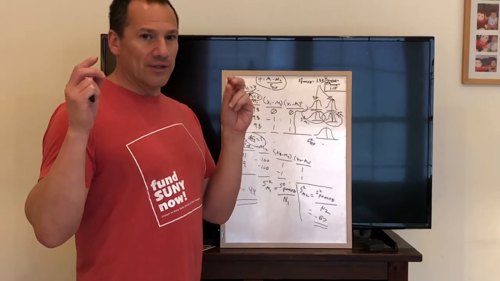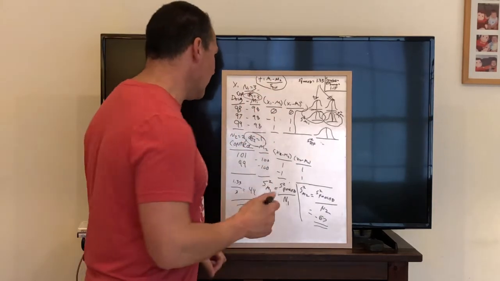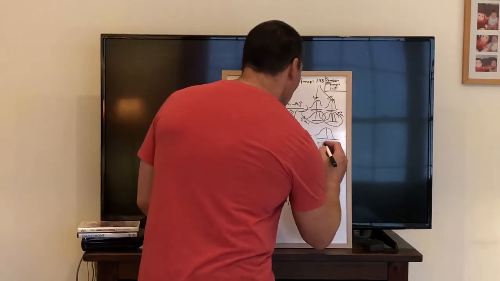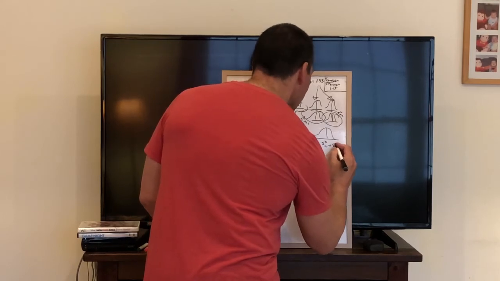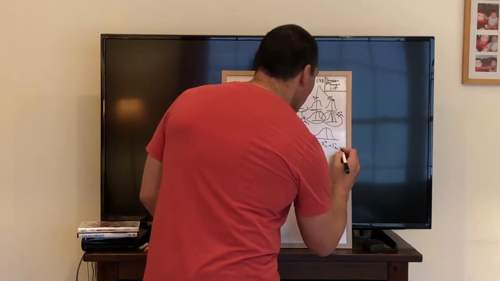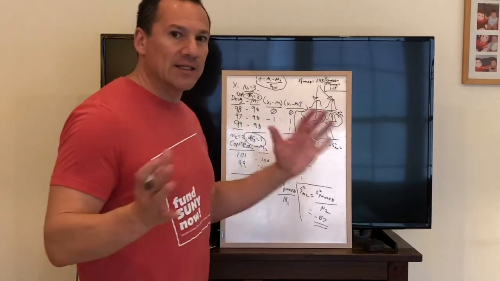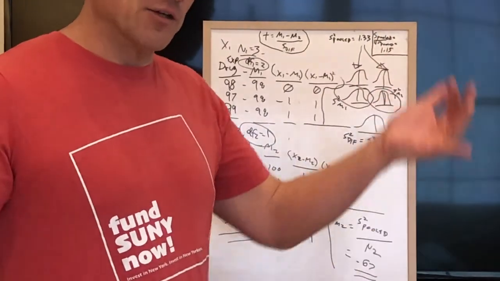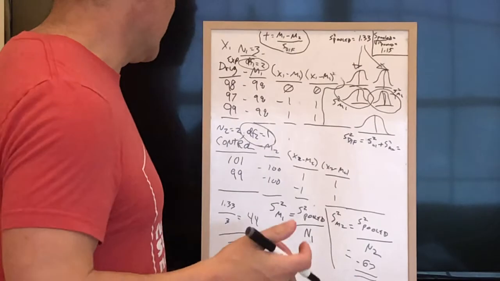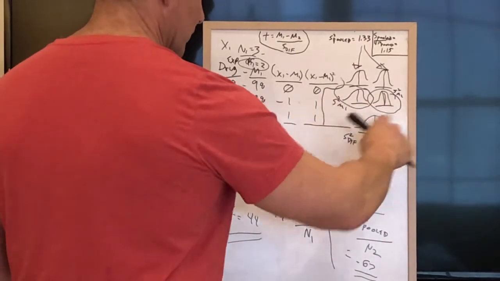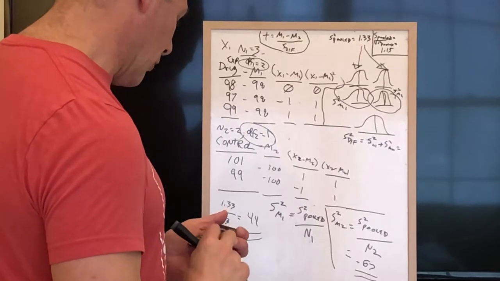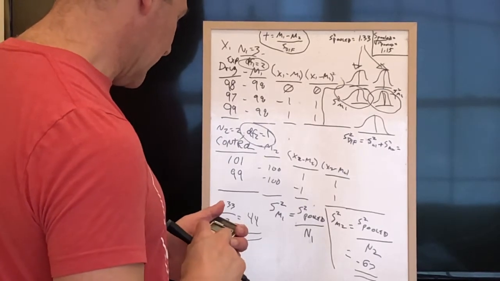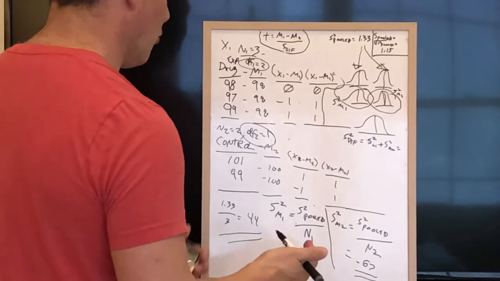Okay, the variance of our comparison distribution is S square sub diff, meaning the estimate of the variance of the distribution of differences between means, and it simply equals S square m sub 1 plus S square m sub 2, which is just a way of saying that it takes, in a cumulative fashion, both estimates of both distributions of means into account. So that simply is 0.44 plus 0.67, which equals 1.11.